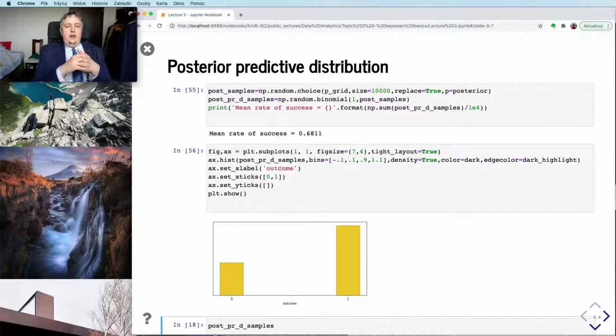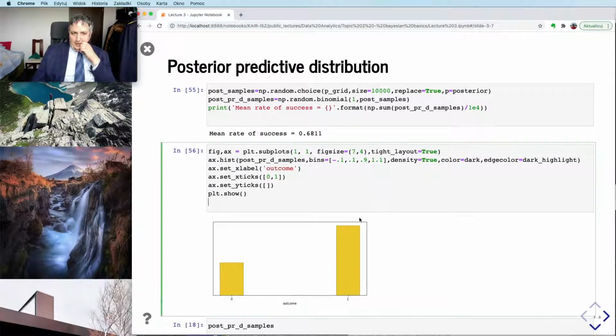And here, actually, the data is not as consistent because our mean rate of success is only 68%. So our data says that it's not as favorable values as our prior suggests, so we are moving away from that. And again, we have the histogram of the same.